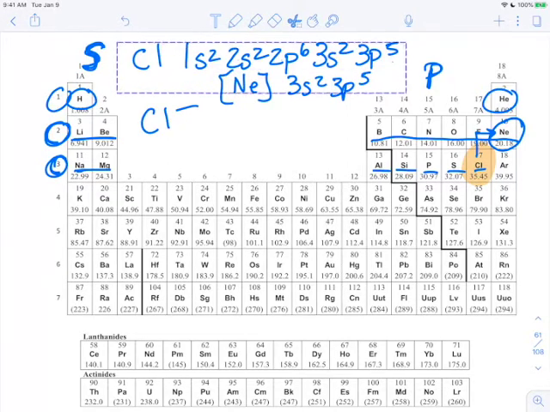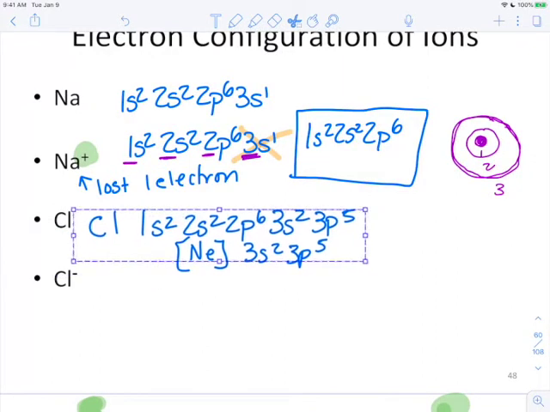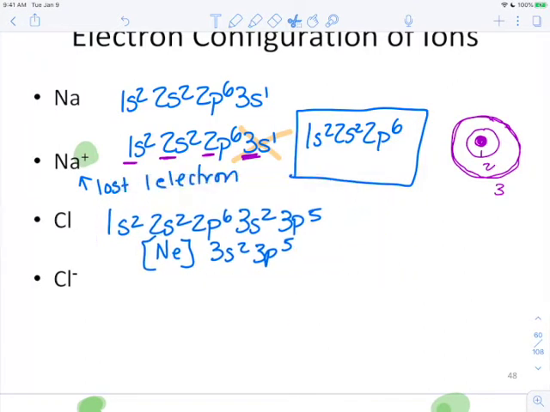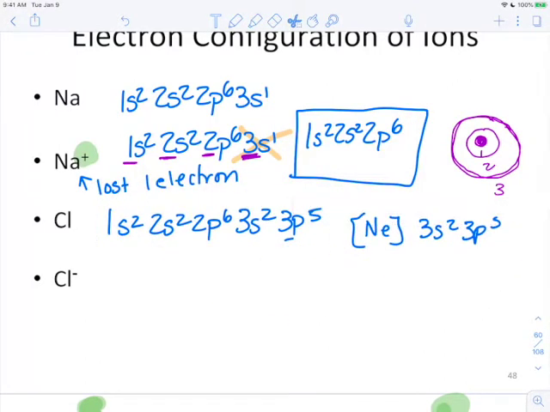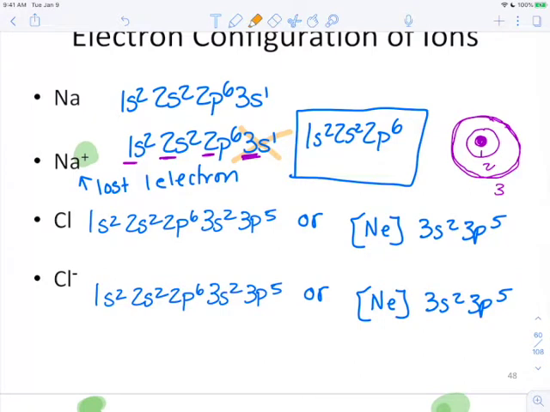So let's go ahead and copy this one up. All right, so next up we had Cl minus. And I saw correctly when you guys were working on it, for a negative, we need to add an electron.